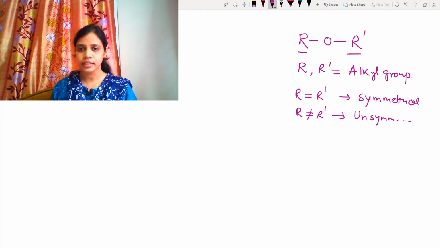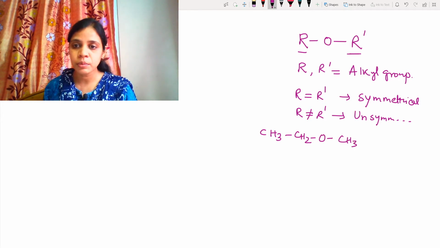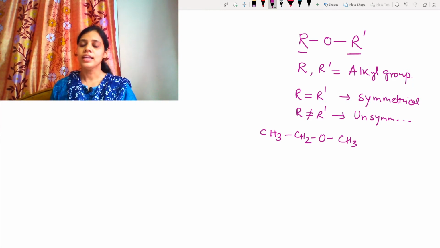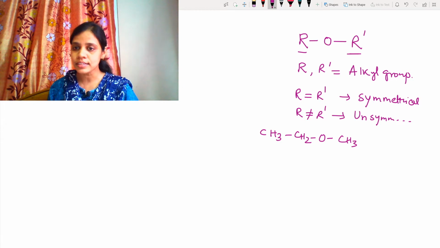For example, if I take this one, this is CH3CH2OCH3. What type of ether is this? It is an unsymmetrical ether. Here two alkyl groups are attached. This alkyl group is methyl and this alkyl group is ethyl, because here two carbons are attached.